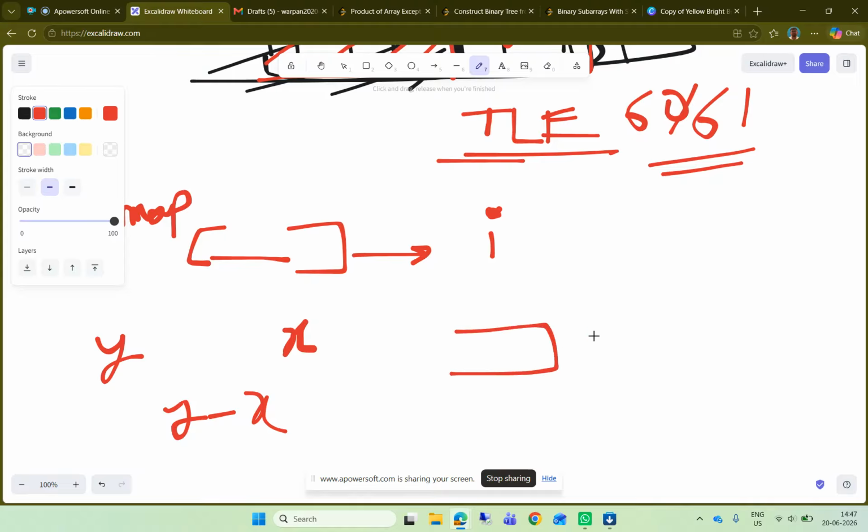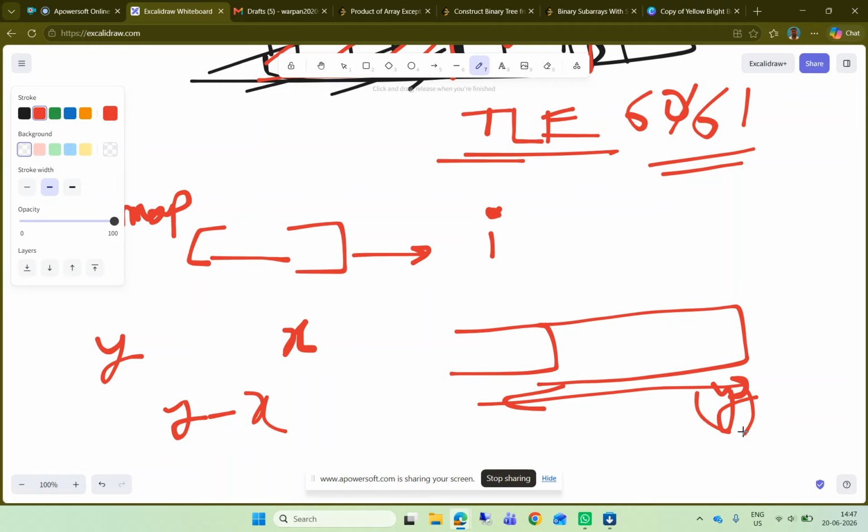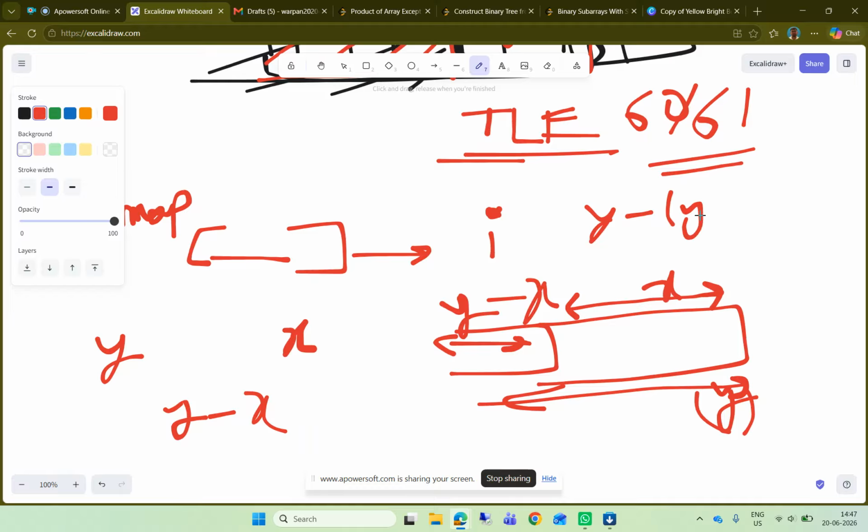that means suppose the prefix sum value till here was y, not index but prefix sum value, and then we found that there is a y minus x prefix sum value here, which we can find through a map. As we calculate the prefix sum, we also populate the map. Then that means we have this subarray sum x here, because y minus x would be x.